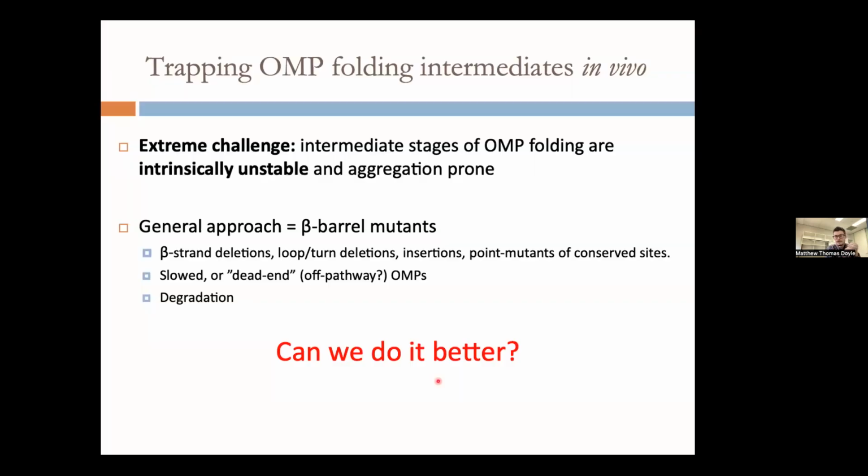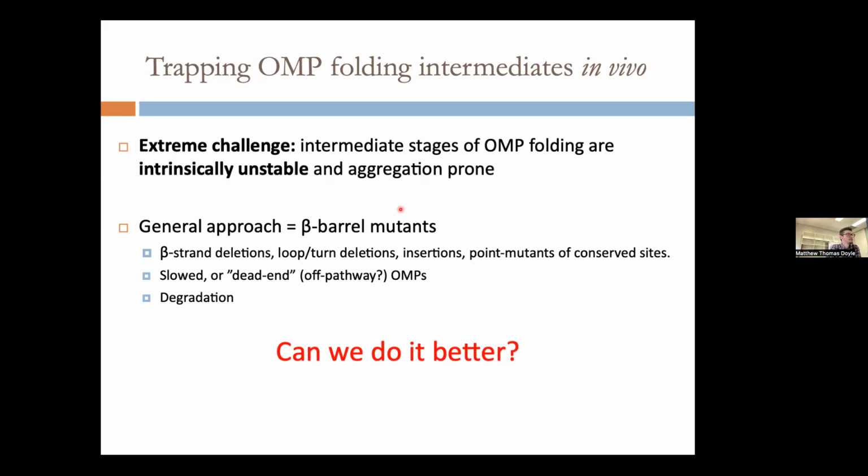To try and understand this, you need to trap intermediates of protein folding. This is not an easy thing. Firstly, the intermediate stage of a protein folding process needs to be intrinsically unstable, of course. Otherwise you'll fall off into off-pathways that are stable, and you won't be able to get back to your folding pathway. So folding intermediates are unstable.